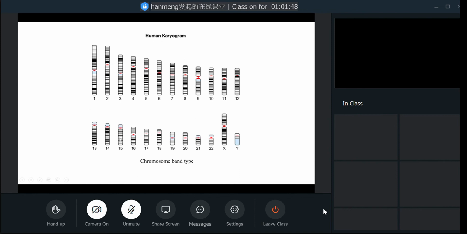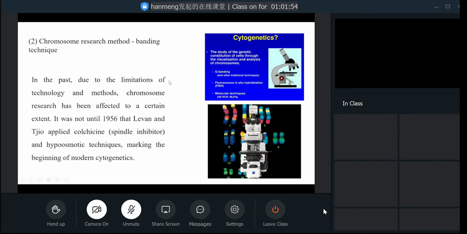So here we should know the chromosome band types. We should use the banding technique to get the banded chromosomes. In the past, due to the limitation of technology and methods, chromosome research was affected to a certain extent.